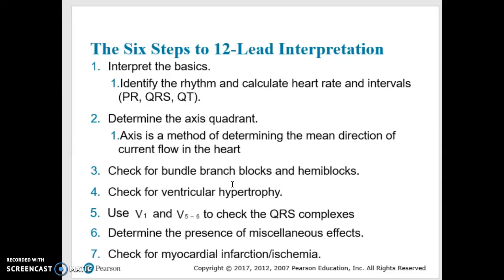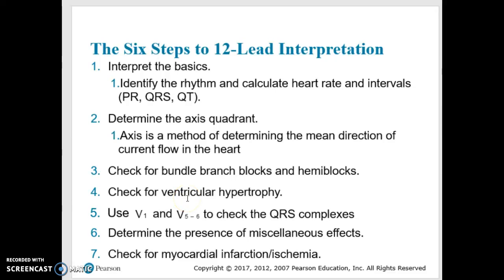We use V1 and V5 and 6 to check the QRS complexes for signs of ventricular hypertrophy. With ventricular hypertrophy, you're going to have an increased, a taller R wave. But for right now, just know step 4 is check for ventricular hypertrophy.